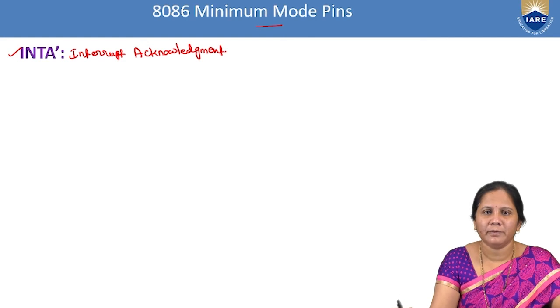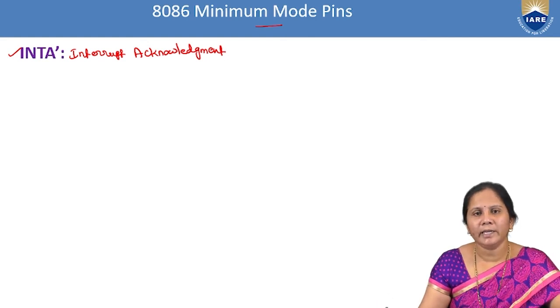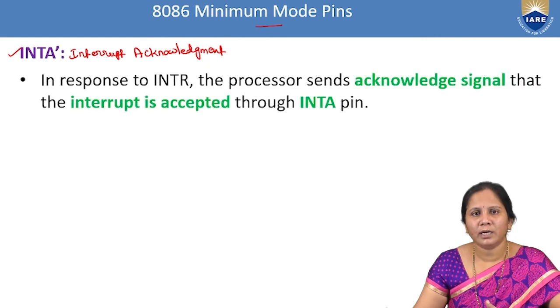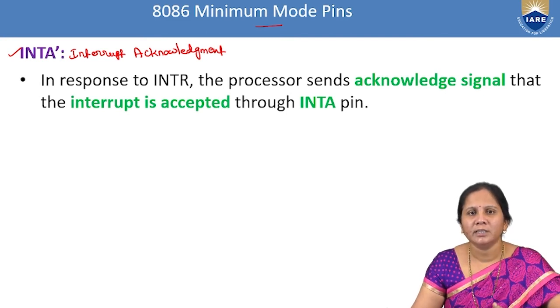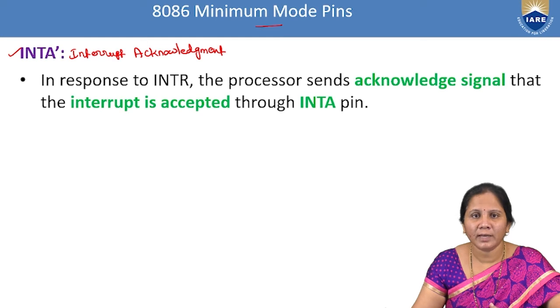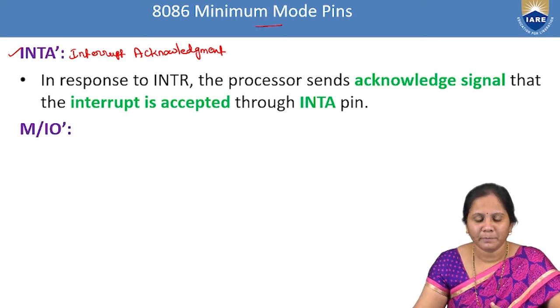This INTA bar and INTR, these two are the handshaking signals. Whenever any interrupt comes through the INTR signal, the microprocessor will send the response to that requesting device through this INTA bar, that is the interrupt acknowledgement signal only, to indicate that the particular interrupt has been accepted.